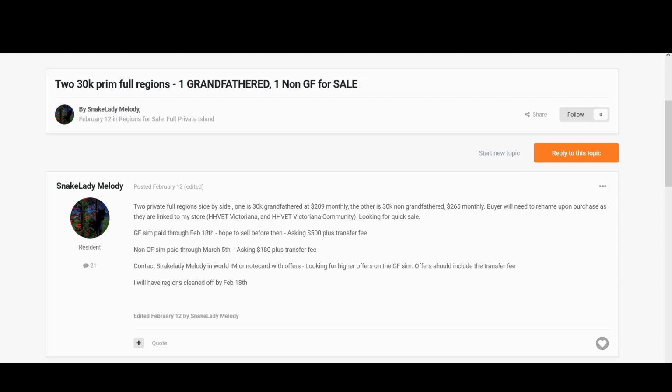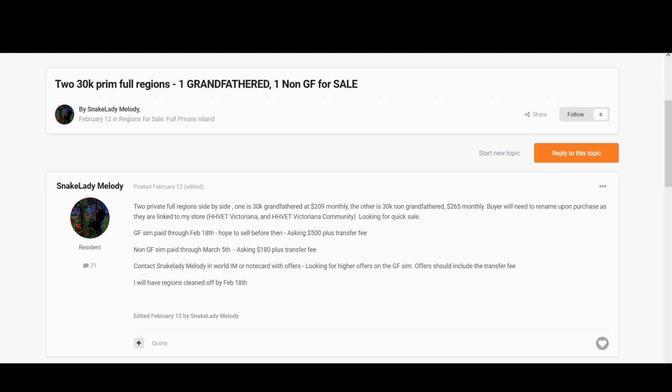As you can see, the grandfathered one is $209 a month. I wish I could have found that one. That would have been great. Fantastic. But the other one is non-grandfathered, and it's $265 a month. So that's the difference.